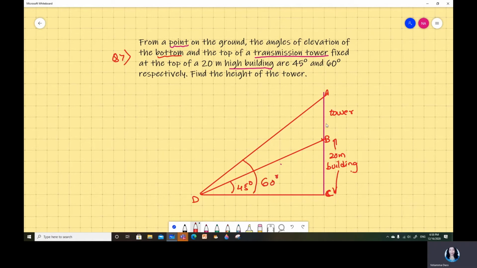We have to find out the height of the tower, that is AB. Let's assume this is h meter.